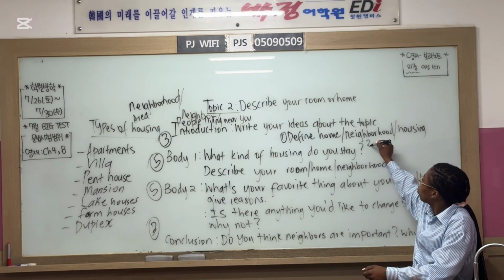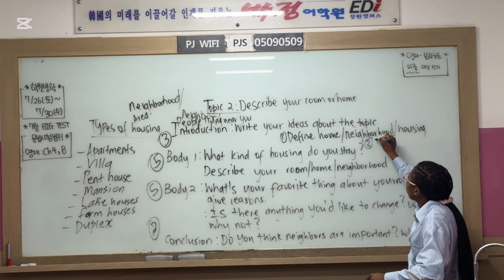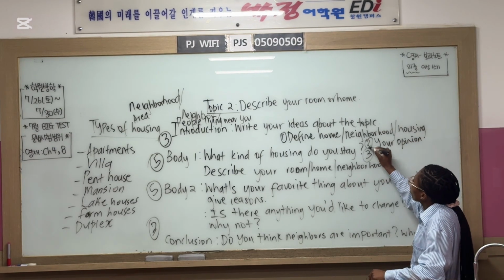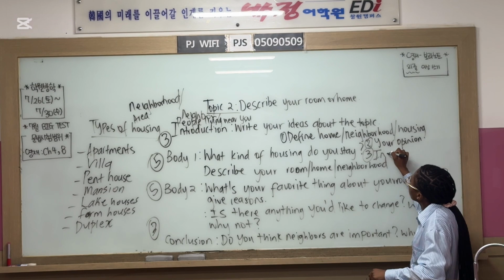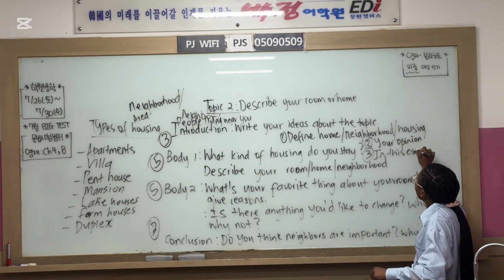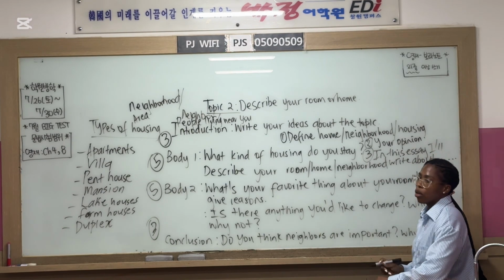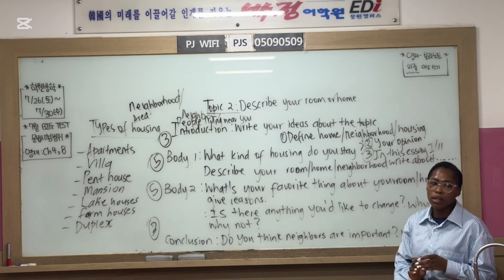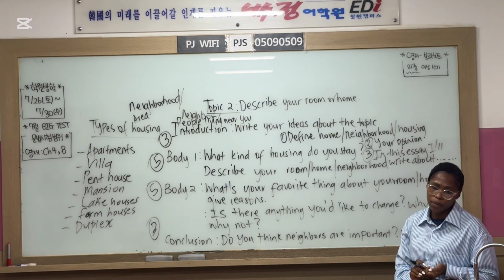Sentence number 2, you now share or write your opinion about the topic. Sentence number 3 will always be, in this essay, I will write about, and then you tell us what you will write about in the body of your essay. That's 3 sentences already for your introduction.